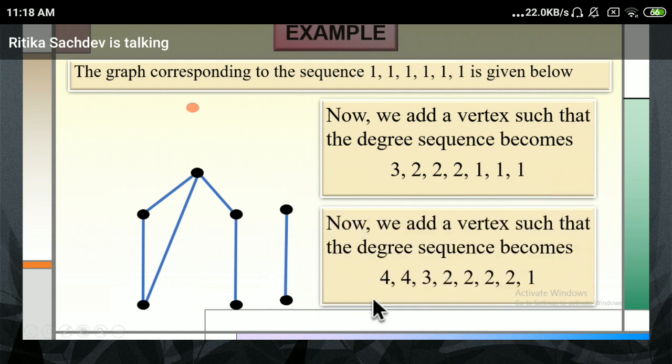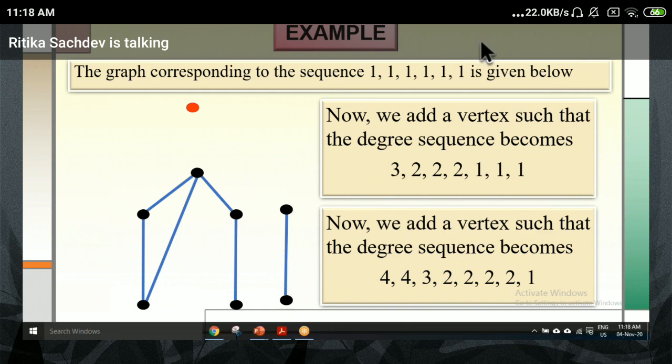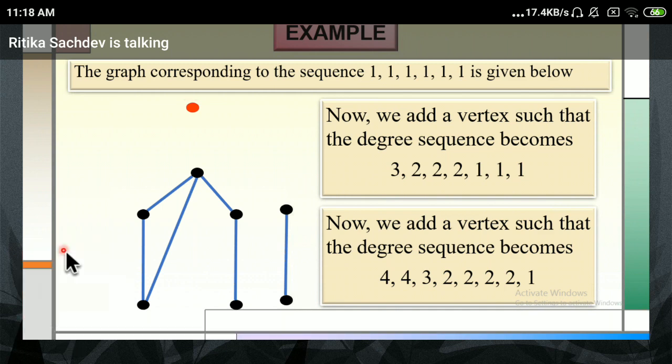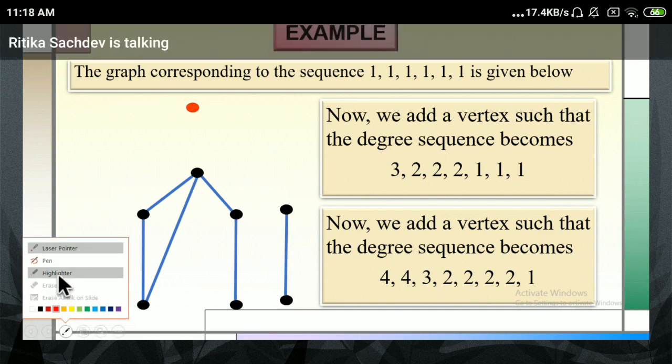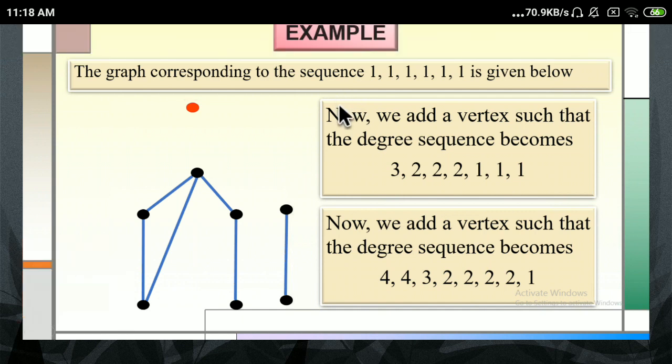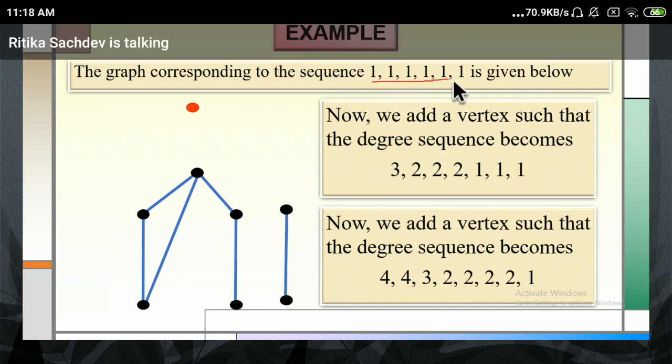So now we add one more vertex such that the degree sequence becomes this. Please note, in this particular degree sequence, the number of vertices was 6.